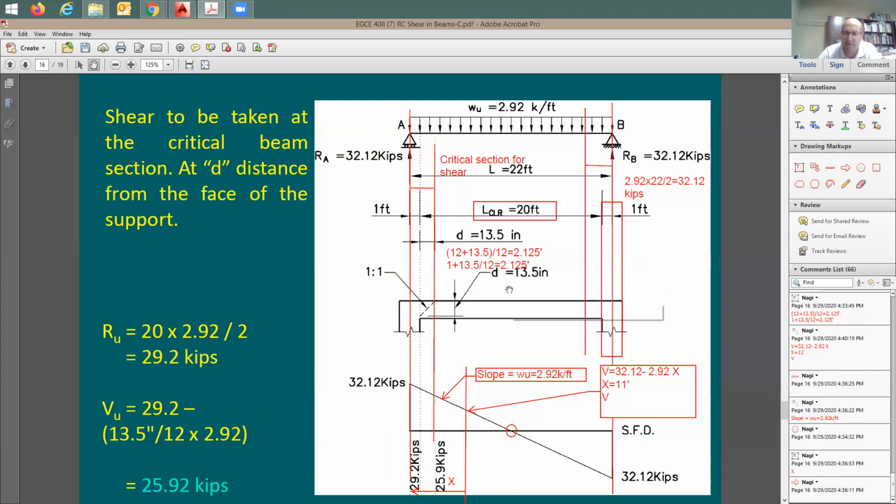Can you help me with this, Alex? Wouldn't it be 0? The distance from here to there is going to be 0? Yeah, because you said it'll be in the center, right? How much is the distance from the center to the support? 11. 11 feet. And how much is the shear in this case?